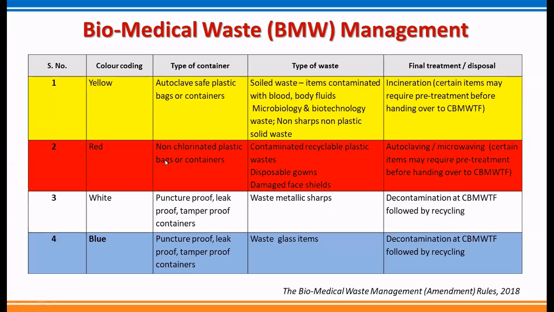In the red bin, non-chlorinated plastic bags or containers will be the type of container where we will put the waste that is contaminated, recyclable plastic waste, disposable gowns, damaged face shields. And the treatment we have to do before disposal is they can be autoclaved or microwaved, and certain items may require a pre-treatment also before it is handed over to the central biomedical waste treatment facility.